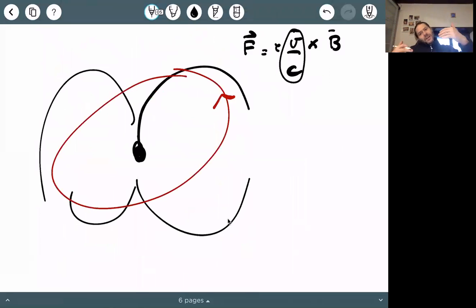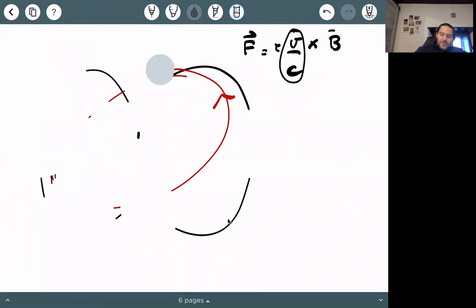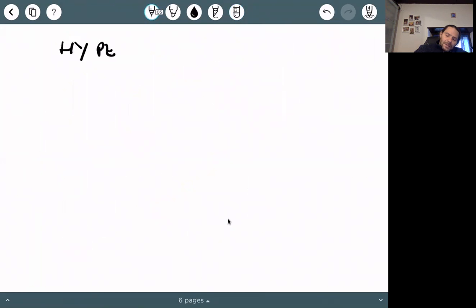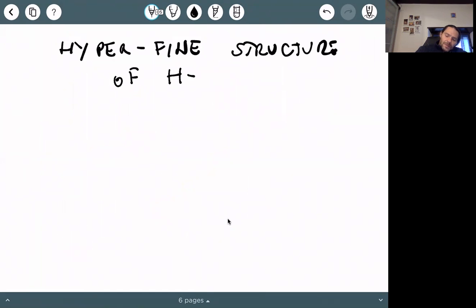There are other effects associated with the intrinsic magnetic moment of the electron interacting with the nucleus magnetic moment. And these are also relativistic effects in some sense. These are small effects, and we have neglected them. All these effects are called hyperfine structure of the hydrogen atom.